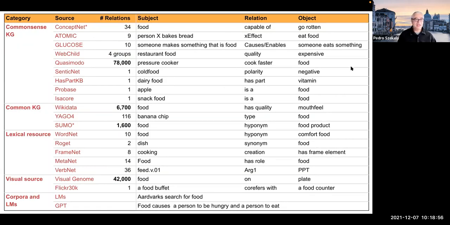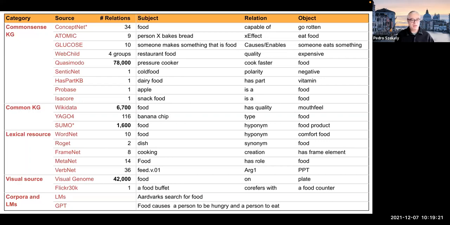One interesting thing is that only the first group of sources are actually labeled, or the people who created them thought of them as common sense knowledge. But what is commonly happening in the field of common sense reasoning is that people look at other sources for finding common sense knowledge.